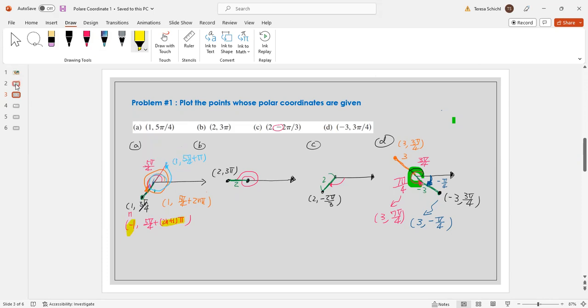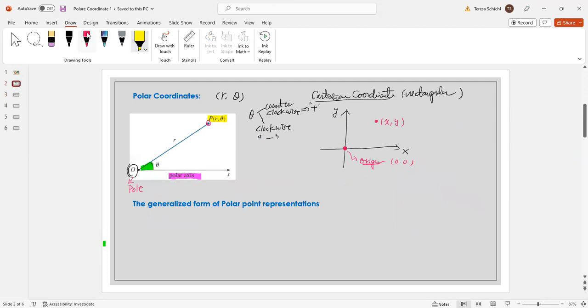So now let's go back to here. In here I want to write a very useful formula. For any point (r, theta), you can rewrite it as (r, theta plus 2n pi).